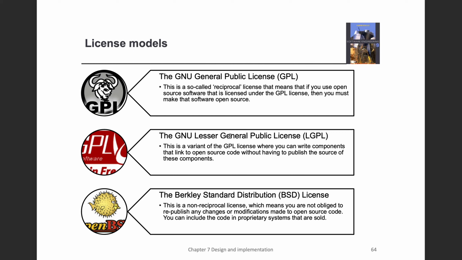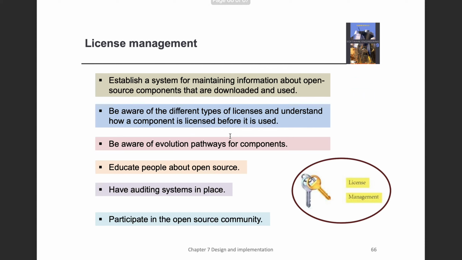So all these things, you can look for and use as and when you want, but you need to read and see what the legal implication is in using somebody's open source software under any of these license models.